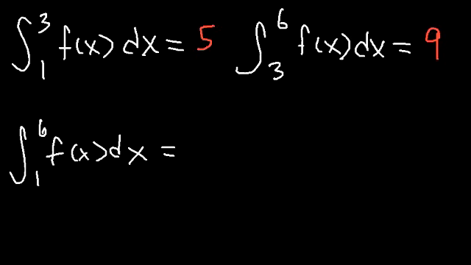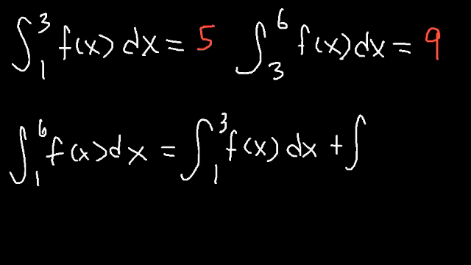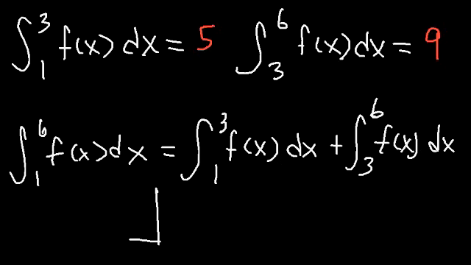The integral from 1 to 6 is the sum of the integral from 1 to 3 plus the integral from 3 to 6. One way to understand this, let's say if you have a graph from 1 to 6.